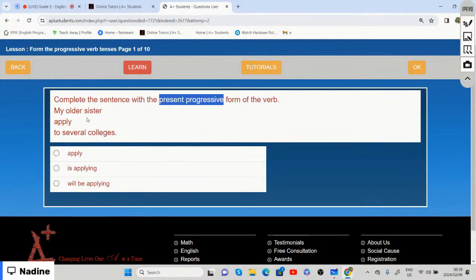So we say, my older sister applied to several colleges, or my older sister is applying to several colleges, or do we say, my older sister will be applying to several other colleges?